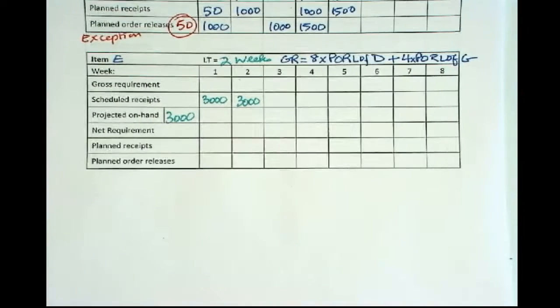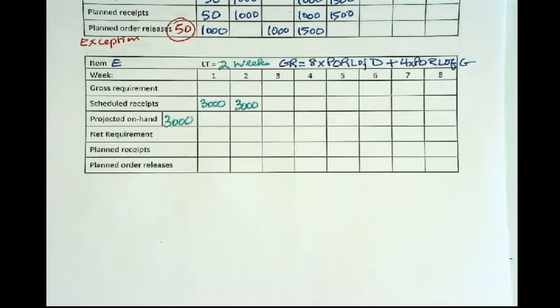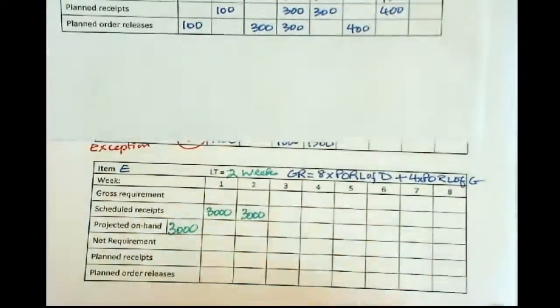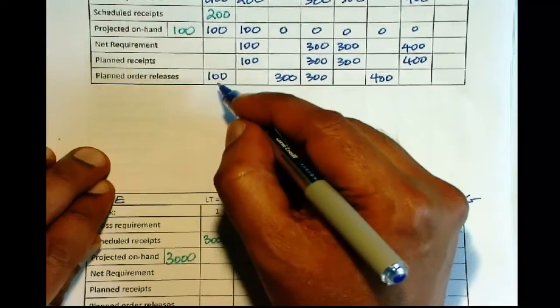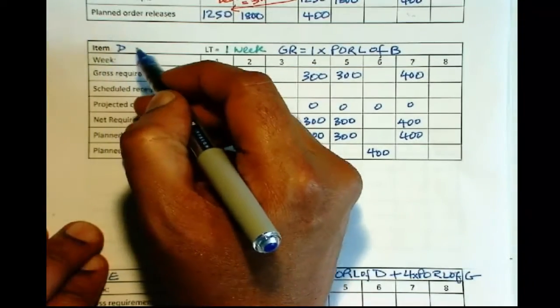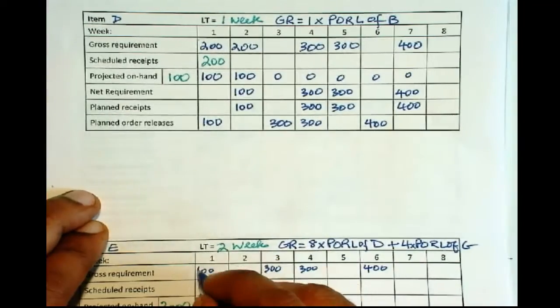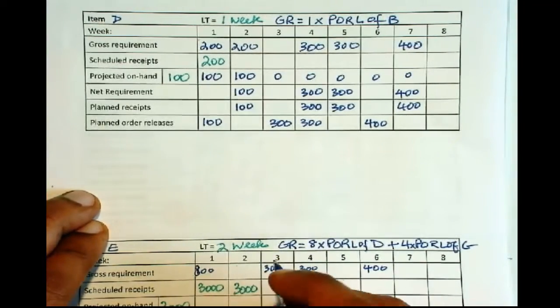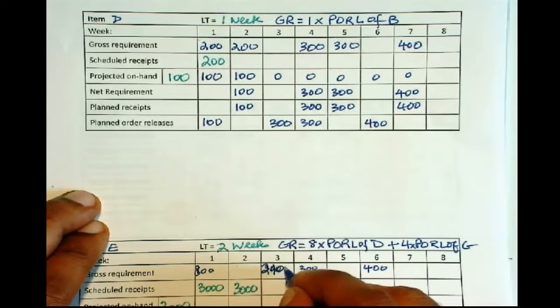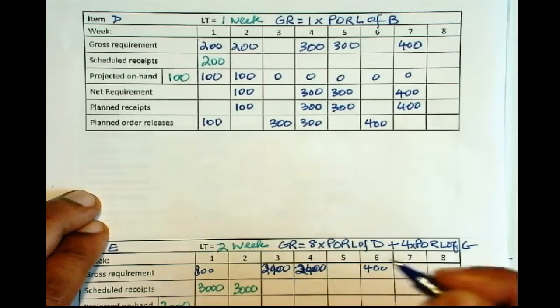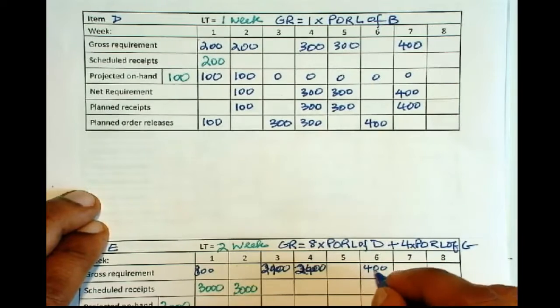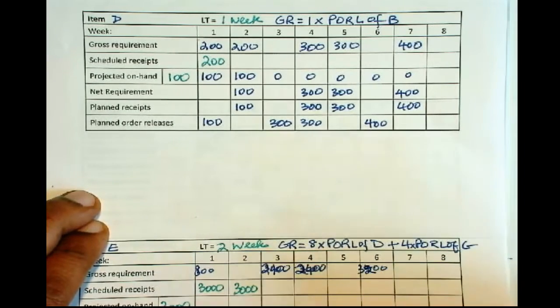So let's do the D part first. So that is D. Okay, so there is D: 800, 2400, 2400 and 3200.